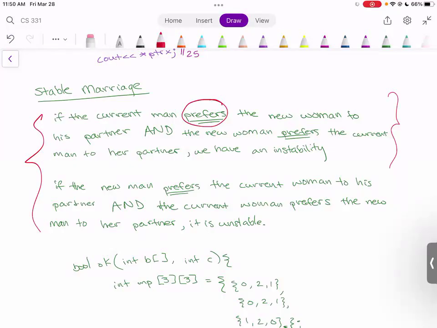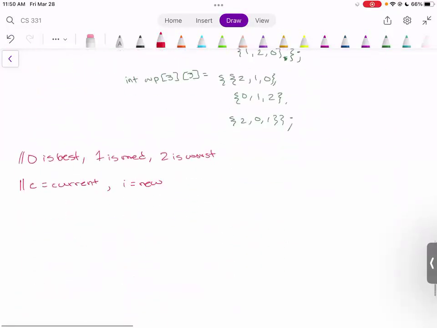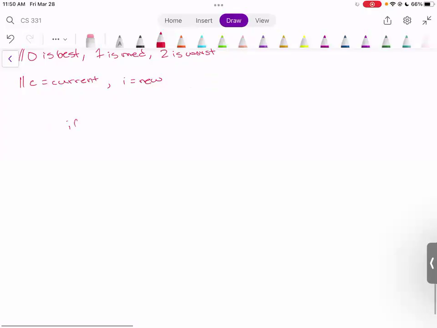Okay, now we're just going to write it in code. So we use an if statement. If the current man, C, okay, this is the current man, prefers the new woman. So a woman is always going to be the position inside the array. So B sub I, new woman.